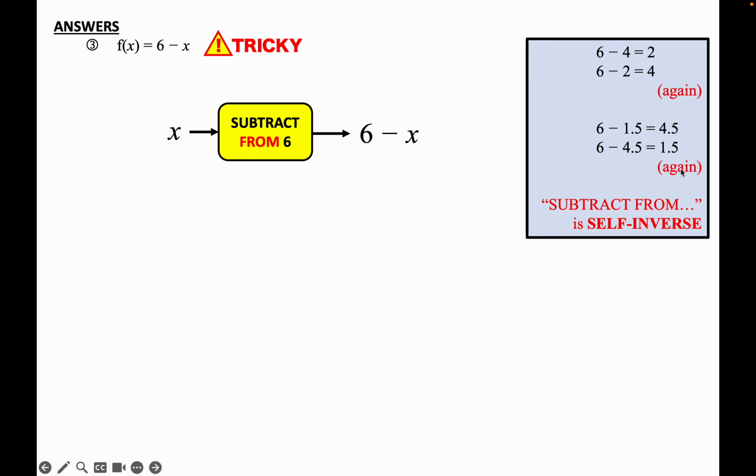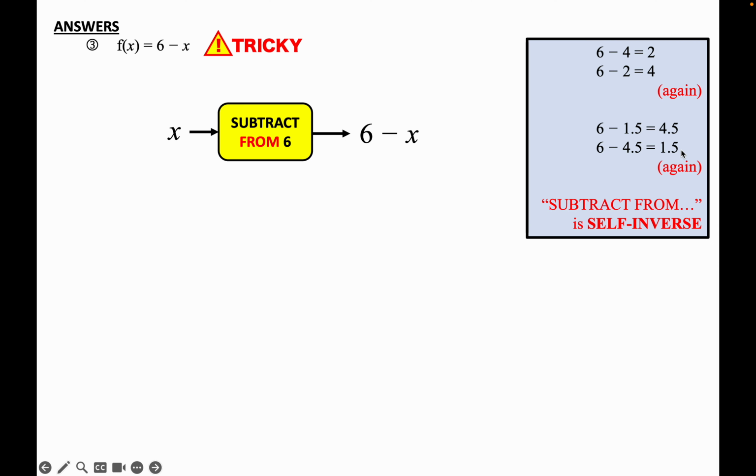So subtracting something from itself, if you want to undo that, you subtract it from that number again. I'll just repeat that, I think I stumbled on my words. If I subtract something from 6, I take the answer and subtract it from 6 again, I get back where I started. So subtracting something from something is self-inverse. If you want to undo subtracting a number from 6, you subtract the result from 6 again, and you get back where you started.